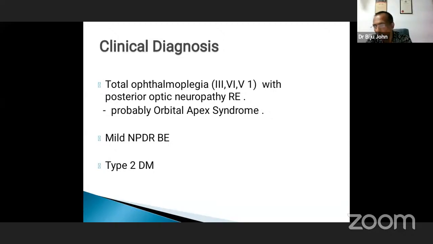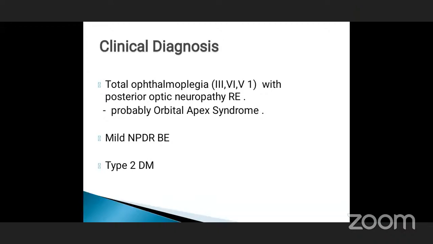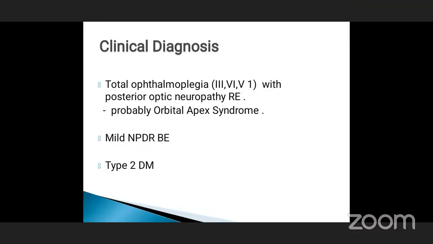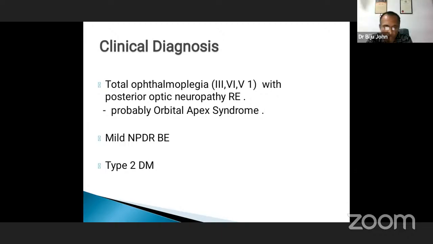Corneal sensation and corneal reflex. Reflex was also tested. Yes, corneal reflex is also decreased. So corneal sensation and corneal reflex are decreased in the right eye. Normal in the left eye, isn't it? Normal left eye. Okay, so that is why you said 5-1.